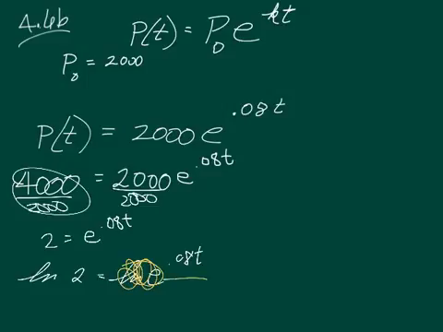Divide both sides by 0.08 to get rid of that, and that goes away. So we have ln of 2 divided by 0.08, and it's 8.7 years.